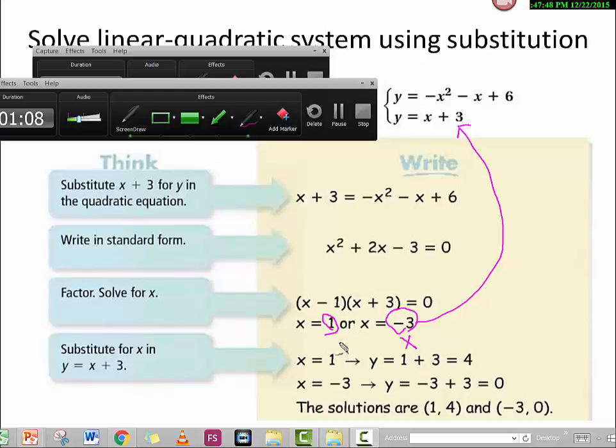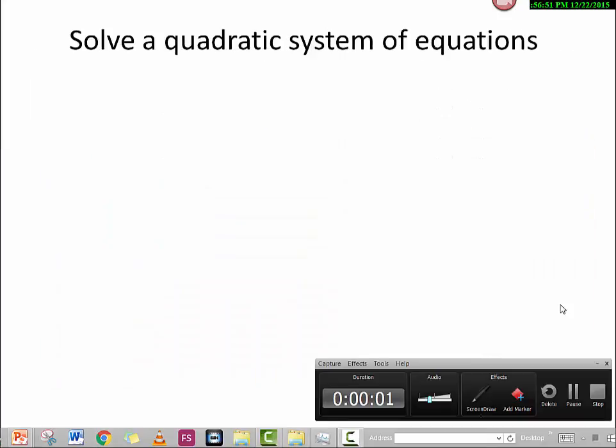For the first case, when x equals 1, y equals 4. In the second case, when x is negative 3, this is x plus 3, so y equals 0. So the solutions are the intersection points between the quadratic equation and the linear function, which are (1, 4) and (negative 3, 0). Now let's take a look at how we solve a quadratic system of equations.